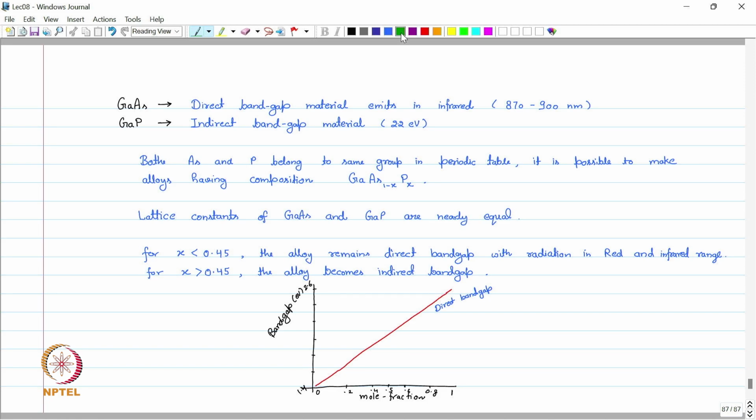And the other graph is for indirect band gap, which comes like this. This is indirect band gap.